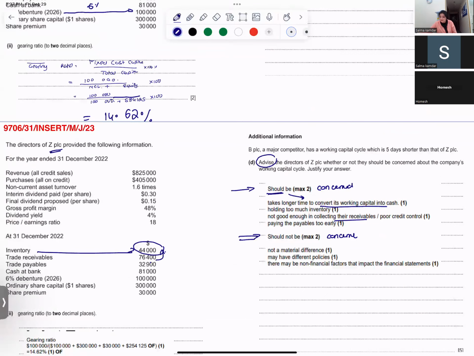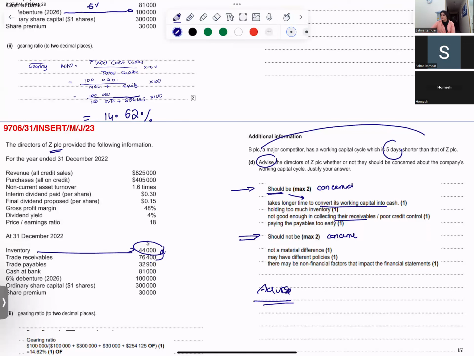Why should they not be concerned? Because between them and the competitor, the difference is not that material. It's only 5 days. Also, they may have a different credit control policy. According to you, should they be concerned or not?